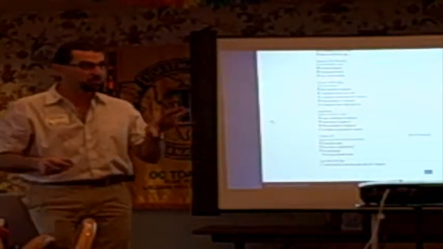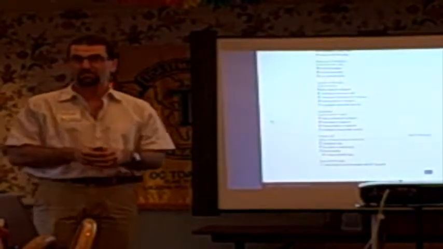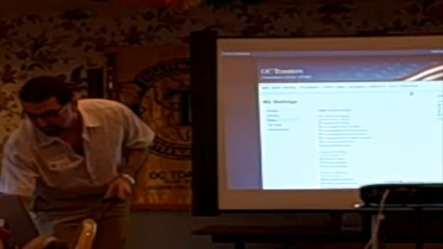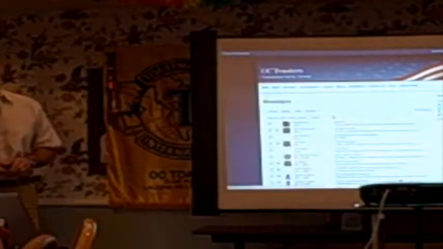Now, mind you, if you do that, keep in mind that you have to come to the site in order to check your messages every once someone posts something. How do you do that? You would check your inbox directly on the site.